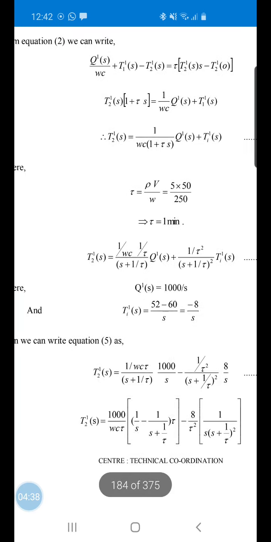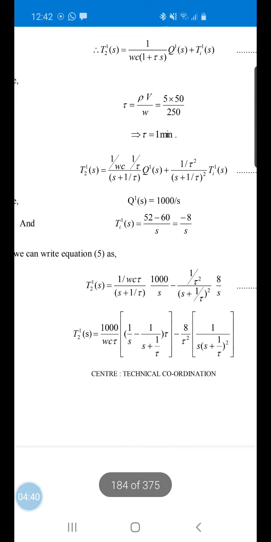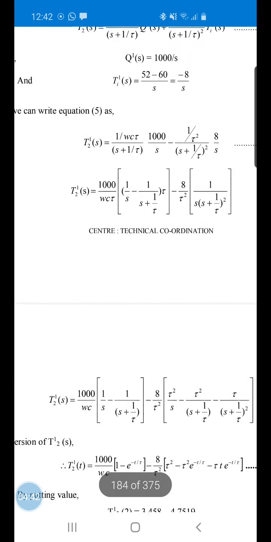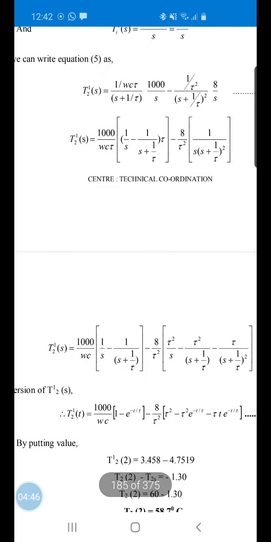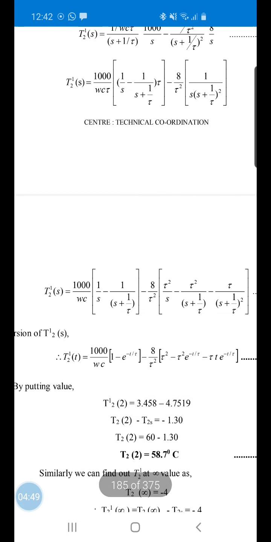You can find T2 dash of S, and then you can solve this to find its inverse Laplace. So you will get tau square by S, whose inverse Laplace is tau square upon (S plus 1 by tau).